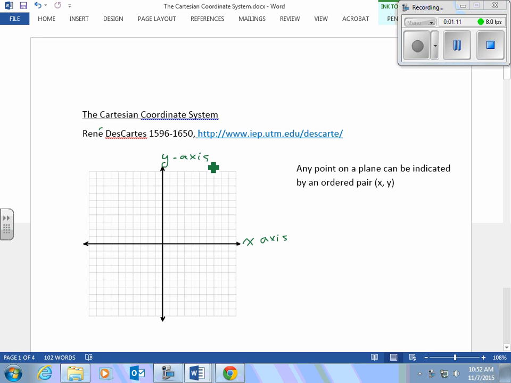The midpoint where the axes cross at 0, 0 is called the origin.